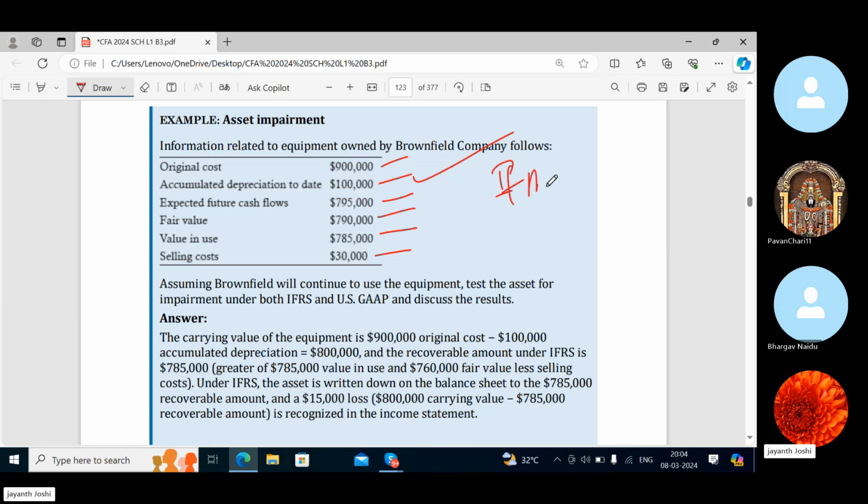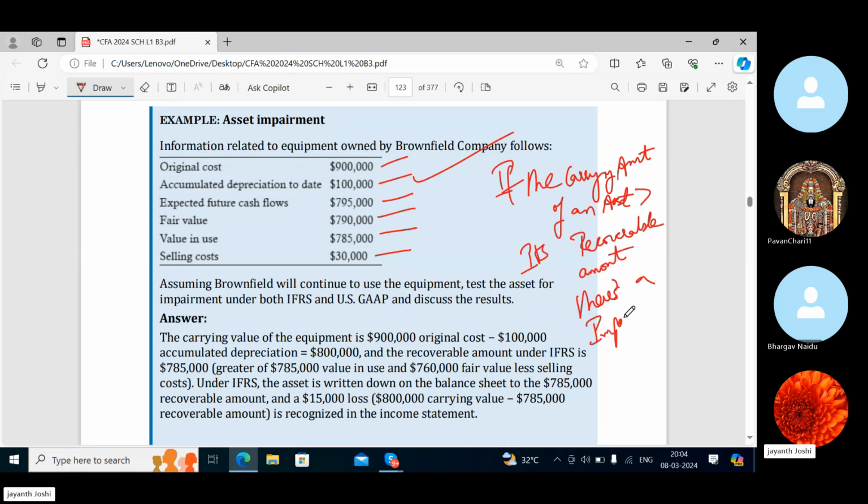If the carrying value or carrying amount of an asset is more than its recoverable amount, there's an impairment loss.